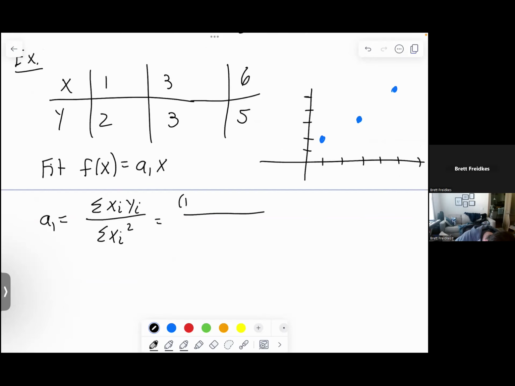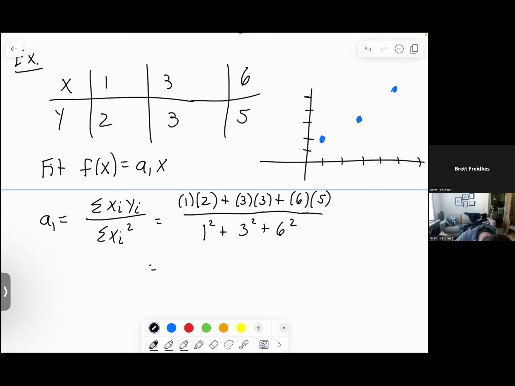So what we'll do is multiply x1 times y1 plus x2 times y2 plus x3 times y3. And again, I'm getting those from the table. And now I'll go ahead and add the x values squared. So this is going to be 1 squared plus 3 squared plus 6 squared.